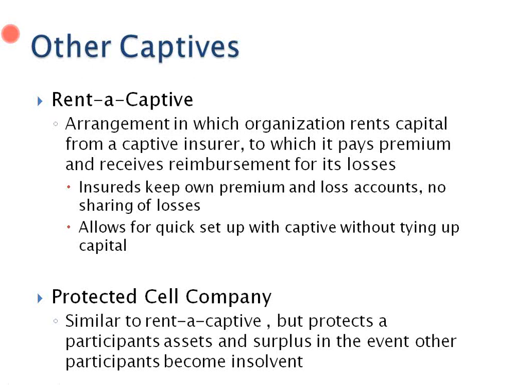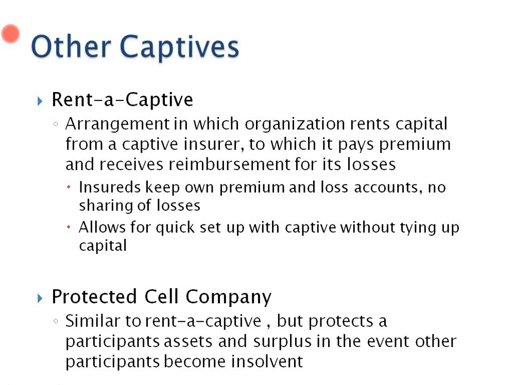So that's one area. The protected cell is very similar to rent-a-captive, but in this case, it protects the participant's assets and surplus in the event other participants become insolvent. Okay, so the idea being that under a rent-a-captive arrangement, if for whatever reason the original captive fails, you're pretty much out.